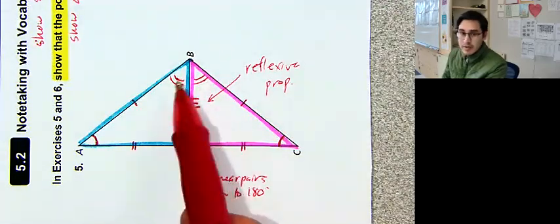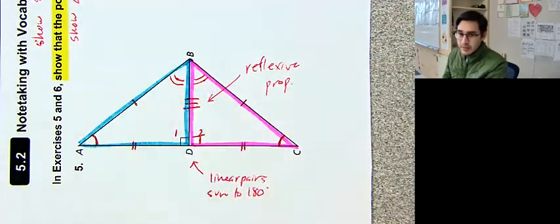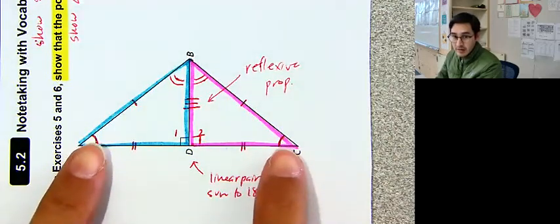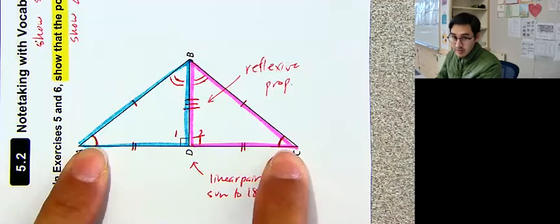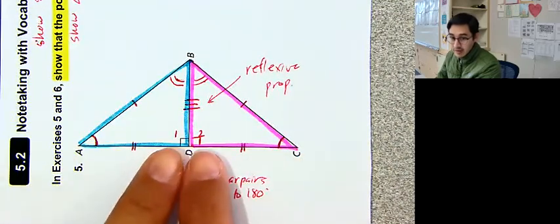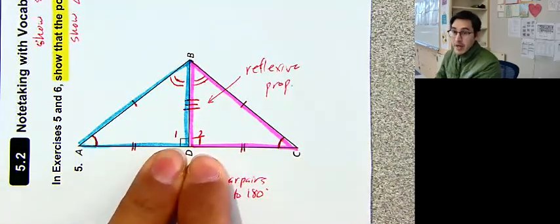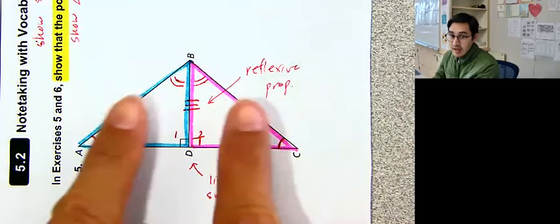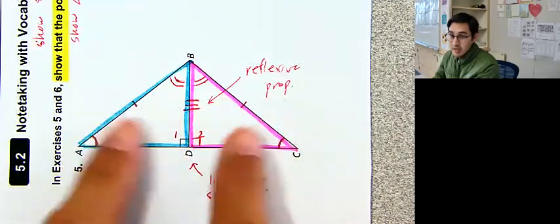So how do I know that these two angles are going to be congruent? Well, I already know that my two triangles have these angles congruent, and I know that they have these angles congruent. But I also know that the angles inside each triangle add up to 180.